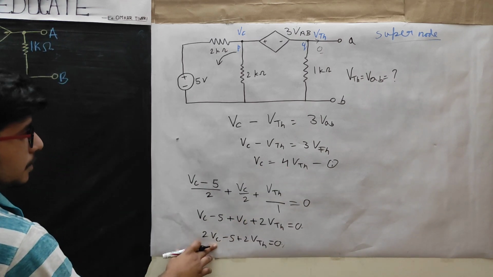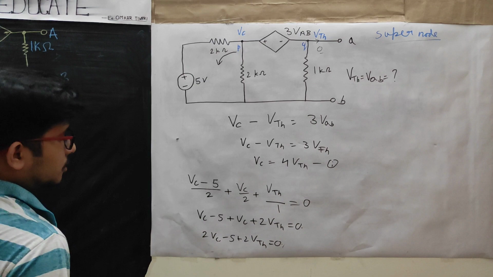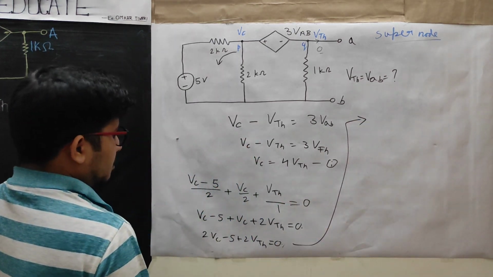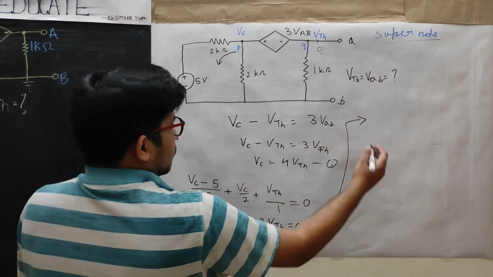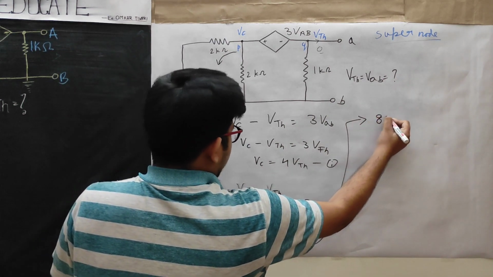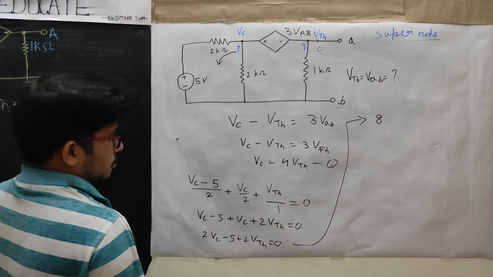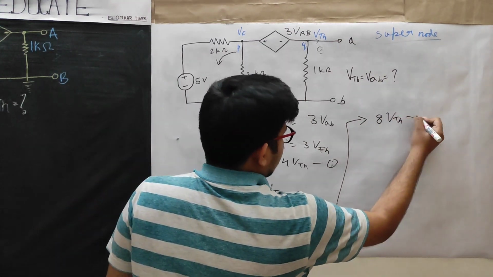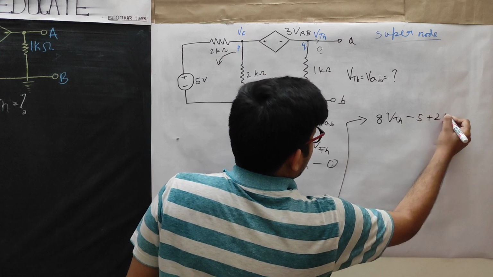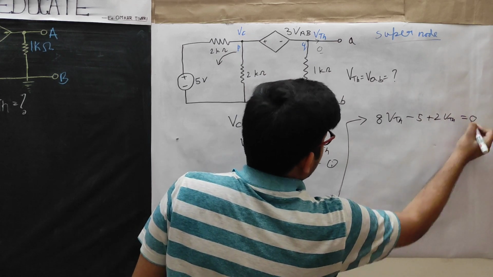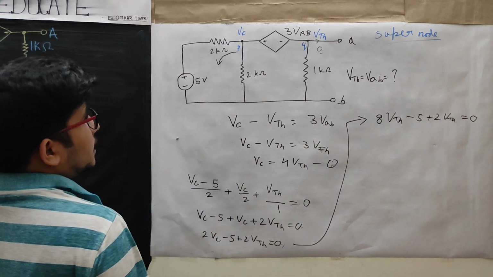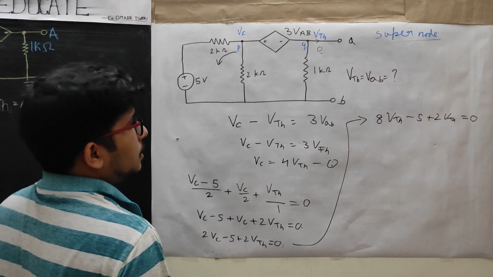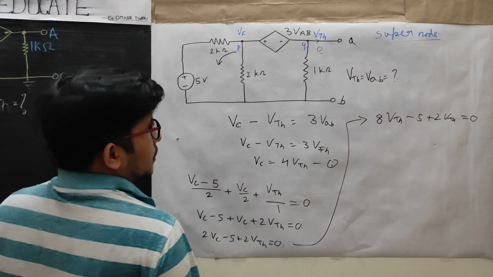And you get VC equal to 4 times of VTH. So in place of VC, I can write 4 times of VTH. This will become 8 VTH minus 5 plus twice of VTH equals 0.